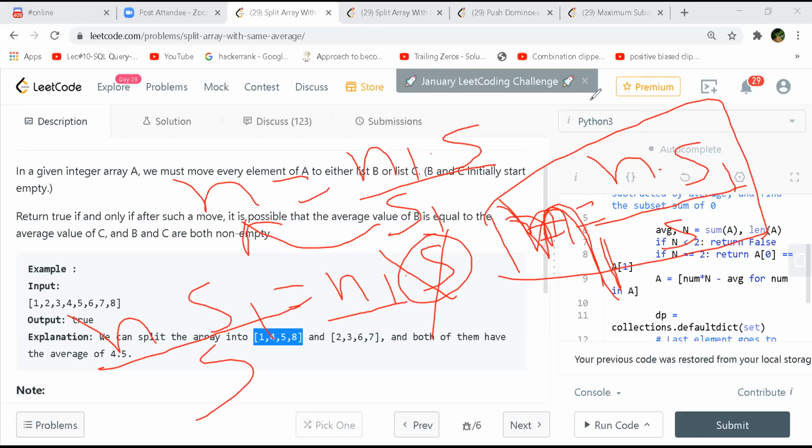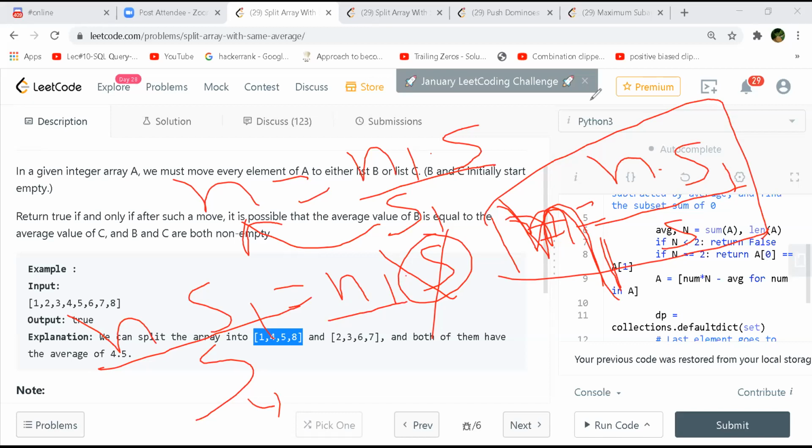If N is the number of elements of the whole array and S is the sum of the whole array, in this case N is 8, so the sum will be 36, correct?